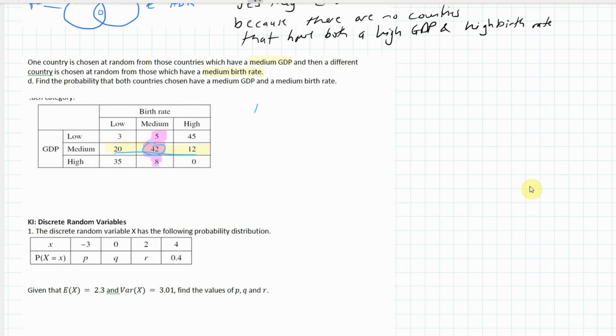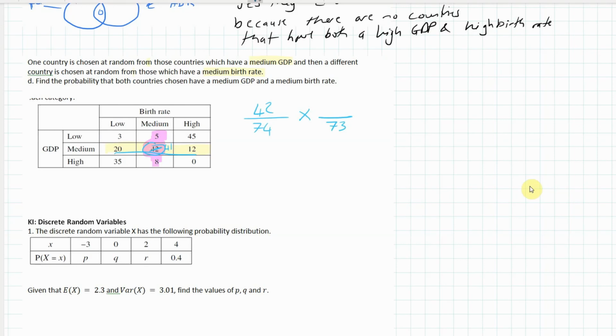And 42 chances out of 74 that we'll pick one that's also got a medium birth rate. Then with the next one, you'll notice that we now actually just have 73 options left because we've picked a country already, and there'll also be only 41 in this category because we've chosen one of those.